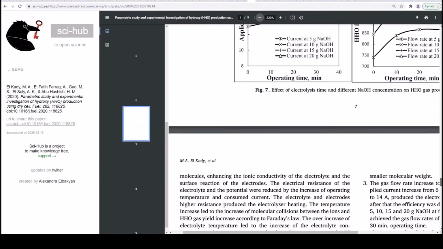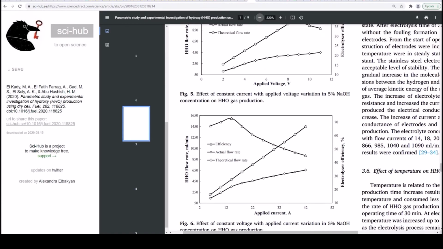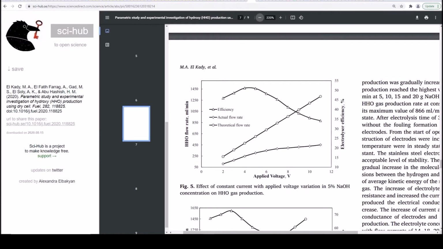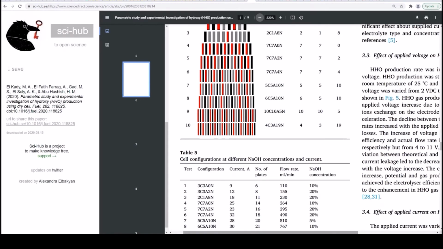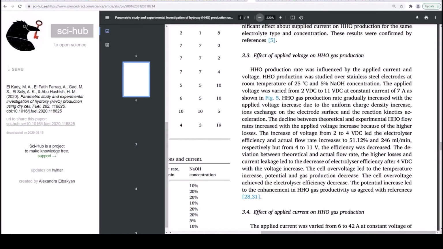So then if you take that chart, that's constant current, varying voltage. So figure 5 here, a constant current of 7 amps.